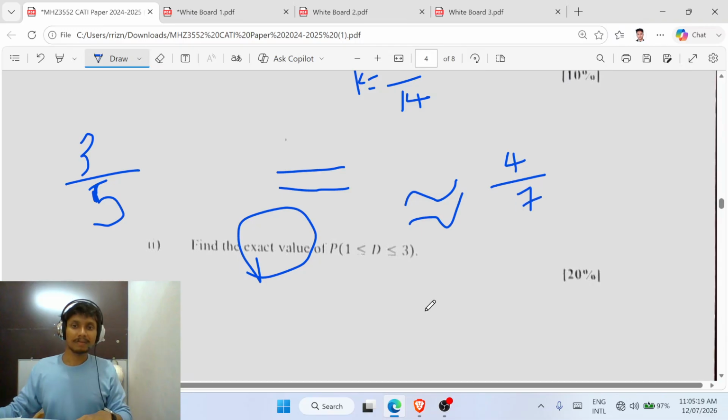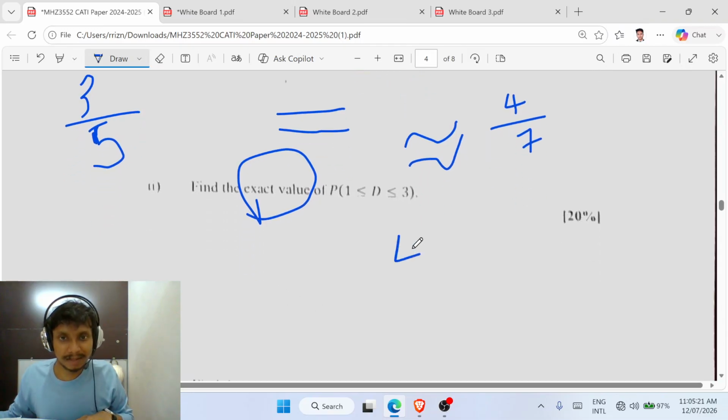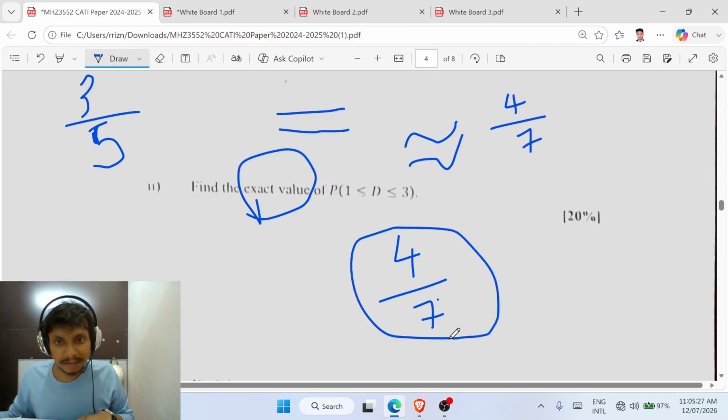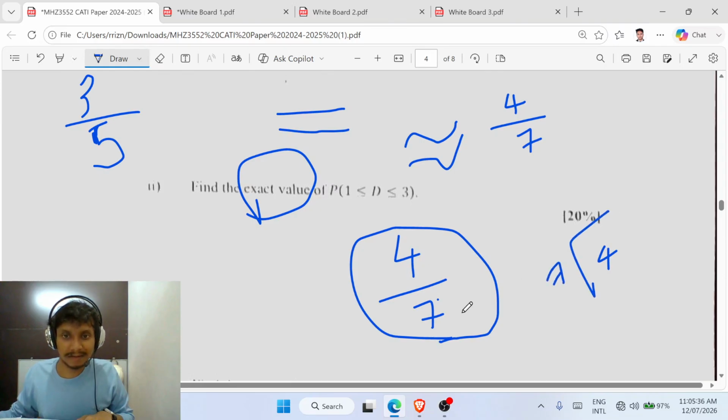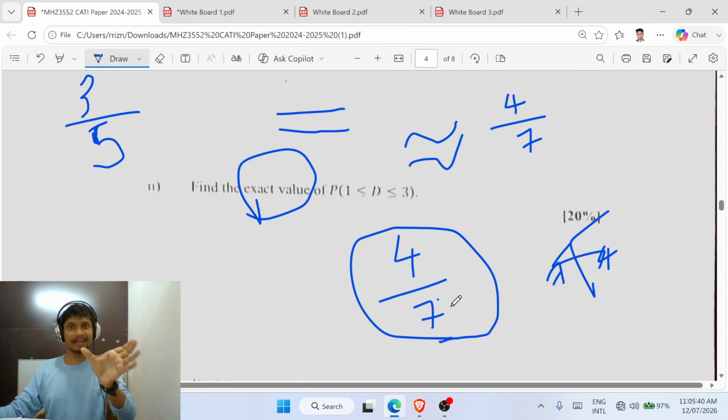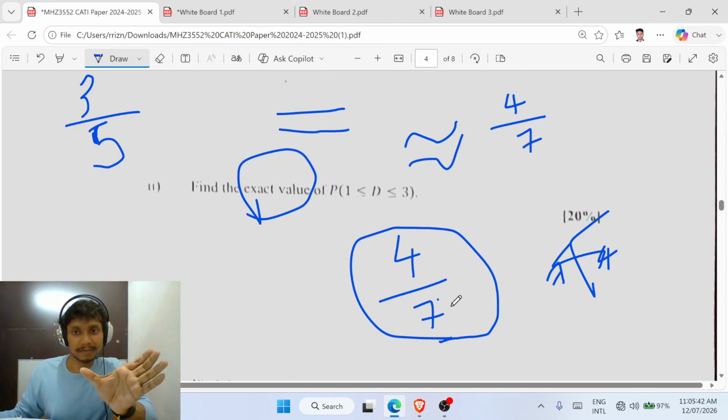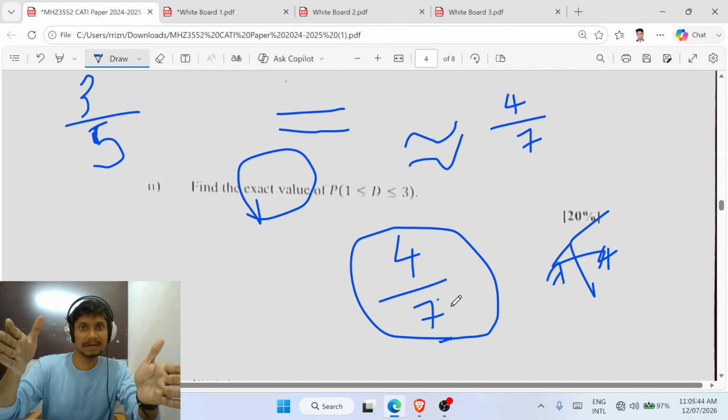Please assume that the final answer is 4/7. Therefore, we must give the answer as a fraction, which is 4/7. We can divide 4/7 and we will get a decimal number.